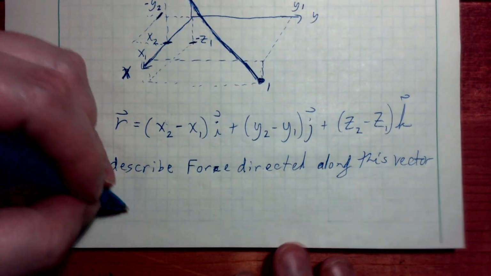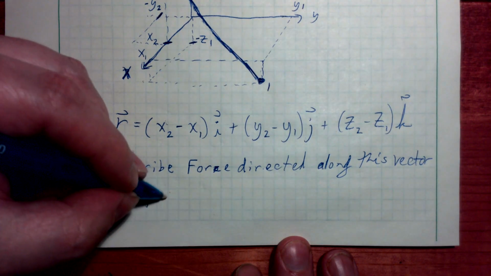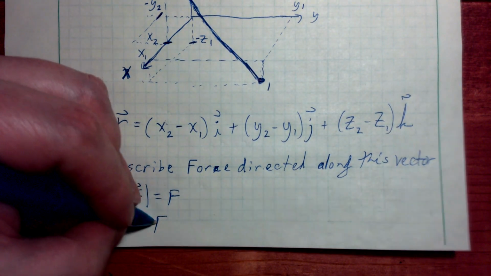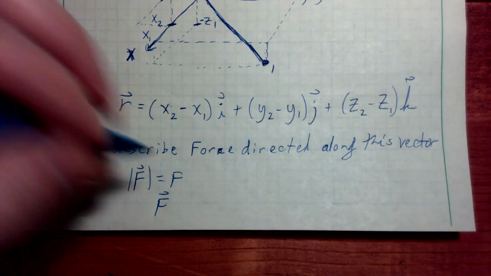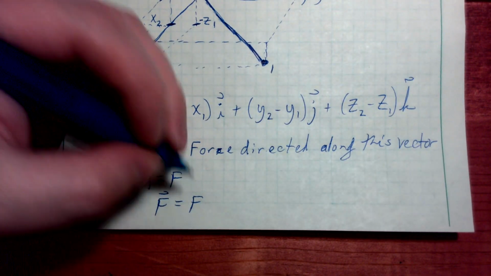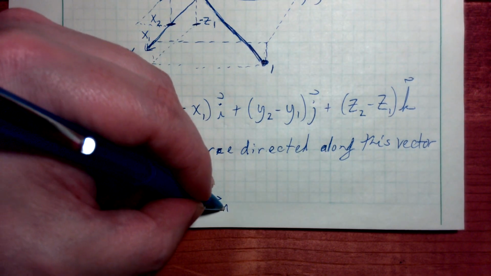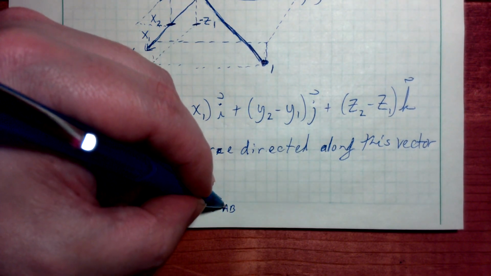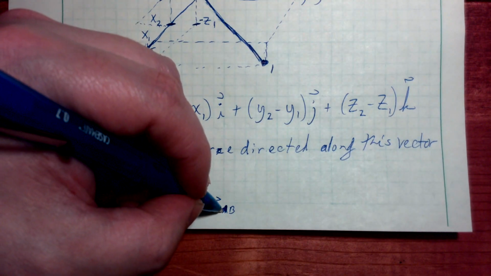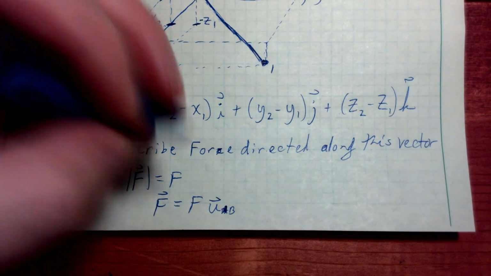What I could do is take the magnitude of that force, F, and say the force vector would be the magnitude of the force multiplied by a unit vector, let's say going from A to B, or in this case, just simply R.